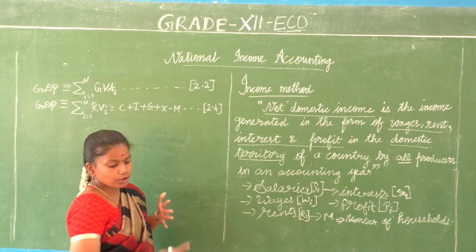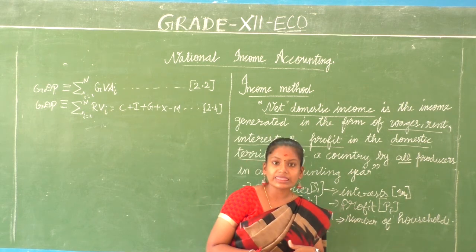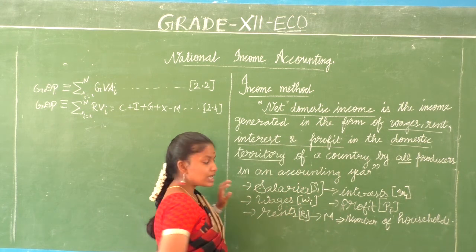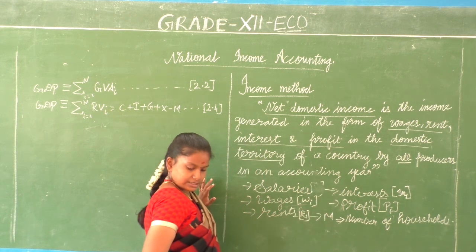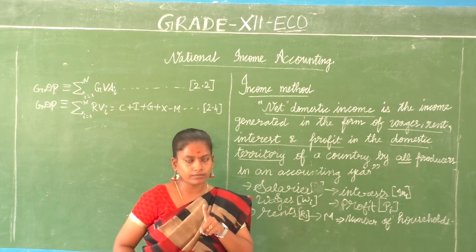You are going to add the wages, profits, interest and rent. Salaries and wages are considered to be one.